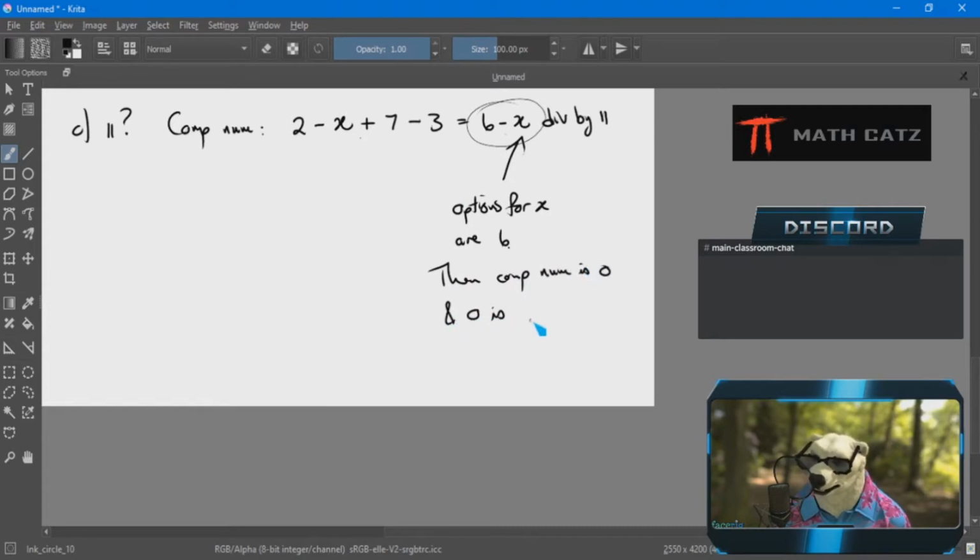And 0 is technically divisible by 11. 0 is divisible by everything. That's not 0 itself, of course. Based on the definition of divisibility, there is this little exception, and 0 is a special number. It doesn't always seemingly follow the same rules. Technically, it follows the same rules. Intuitively, not always. So that's the one, especially in the test for 11. Because I'm adding and subtracting to get my comparison number, 0 is a possibility, and that's going to give me a yes. So it's only something I need to be aware of in the case of 11.